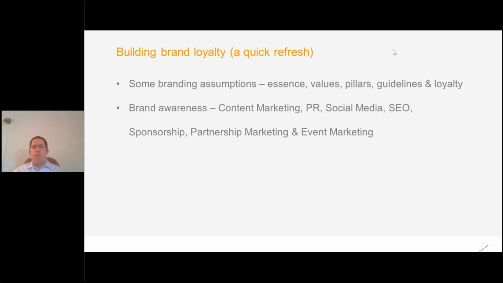So people talk about the brand essence. So what is the brand essence? What is the basis of your company? Or they talk about brand values or the pillars of the brand. I try to boil this down in quite a simple way, because simple works best, certainly for me.